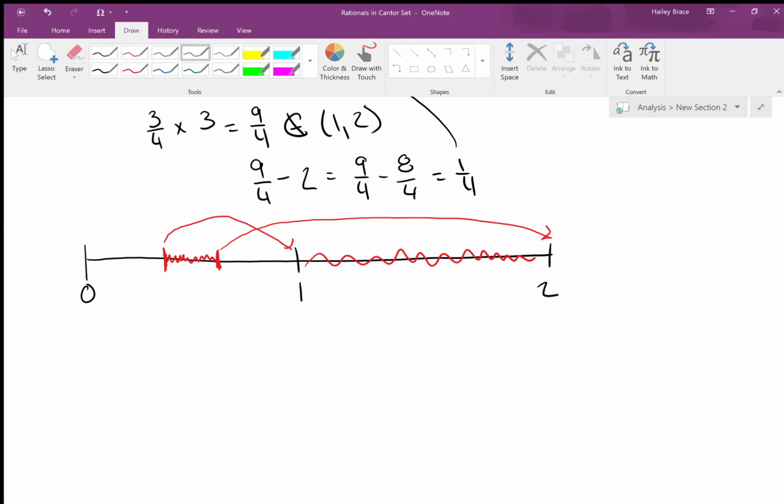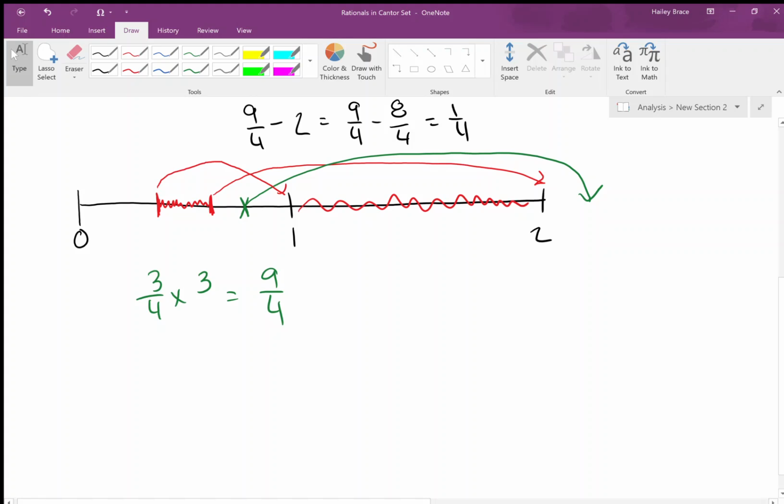But if we take a number that is in the Cantor set, so let's take 3/4, and multiply 3/4 by 3, we're going to get 9/4, which is more than 2.